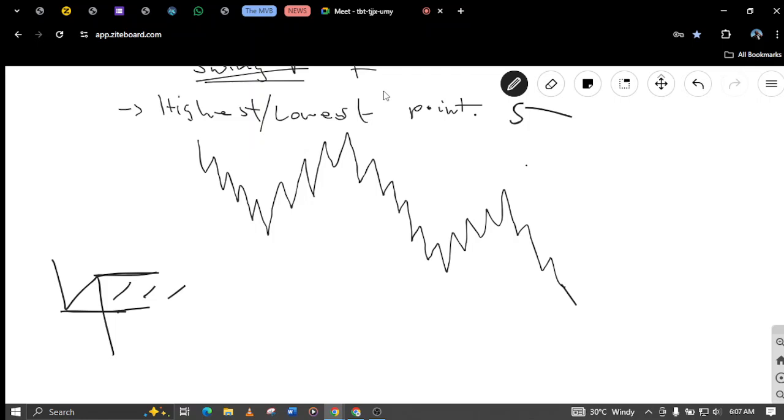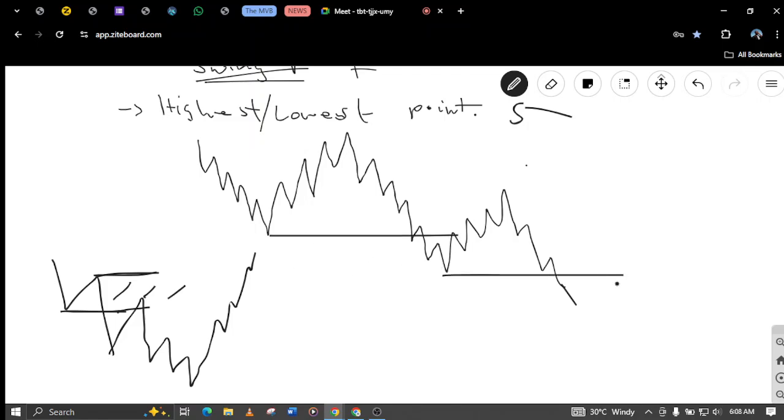Okay, so this is a structure. Now when we combine multiple structures and make another structure which is bigger, like this here or this here, breaking the previous lowest point, this becomes a major structure.